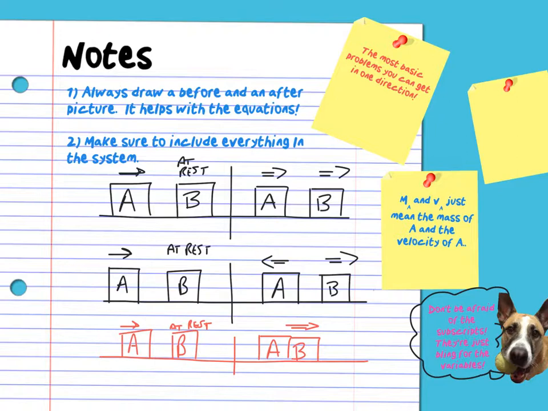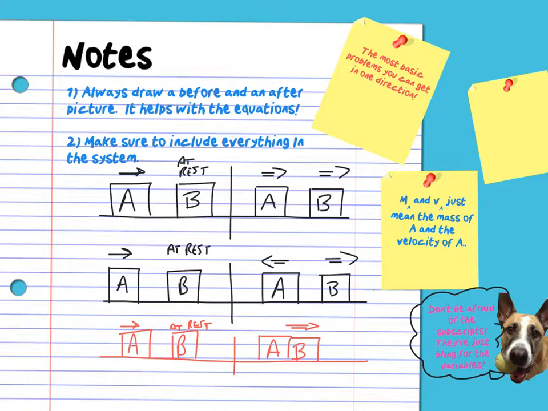External means the force is coming from something that's out of the system. Any force that's within the system, meaning the objects put forces on each other, is okay. Momentum is still conserved.